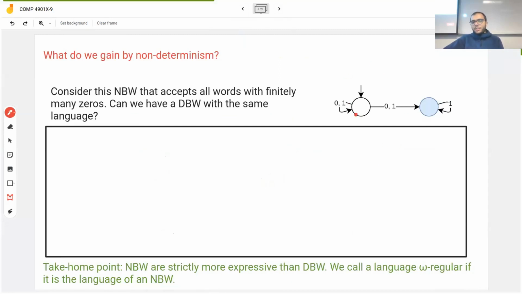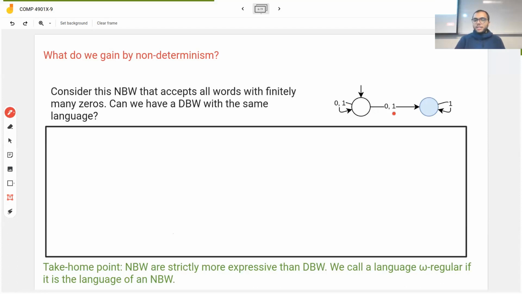So basically what this automaton does is that it ignores some prefix, and then at some point it chooses to go right, and if it goes right, it has to only see one from that point onwards. So it accepts if you have only finitely many zeros. Now my question is, can you find a deterministic Büchi automaton that accepts the same language?